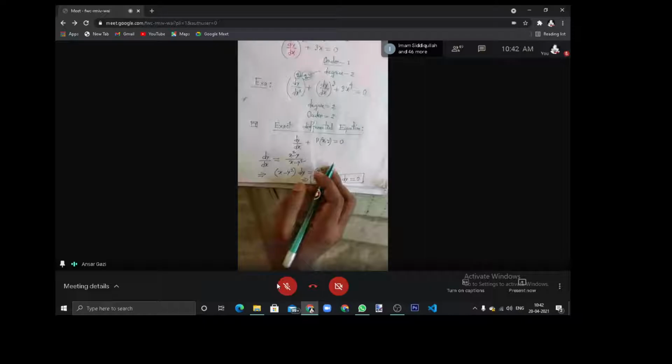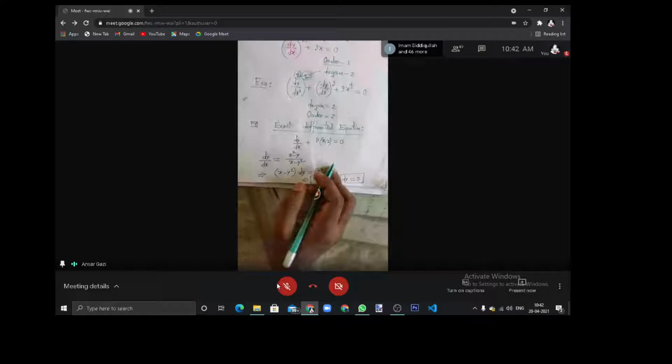So any first order first degree differential equation can be written in this form: M dx plus N dy equal to 0, where M is a function of x and y. Here M equal to x square minus y means a function of x and y, and N equal to x minus y square is also a function of x and y. Clear? So any first order first degree differential equation can be written as M dx plus N dy equal to 0.